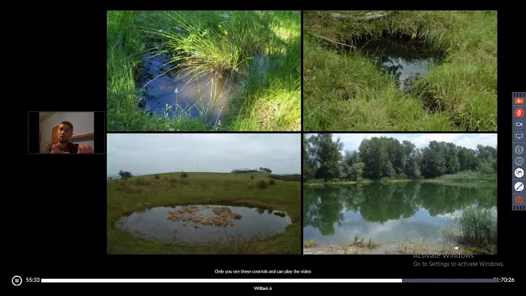But I would also encourage you to look at the lakes, the ponds and lakes. You could say the ponds are usually man-made structures, but they don't have to be.